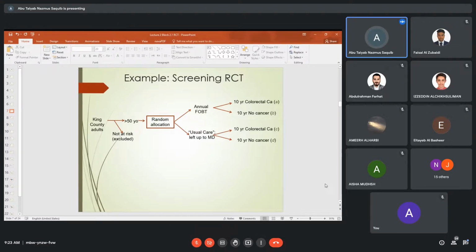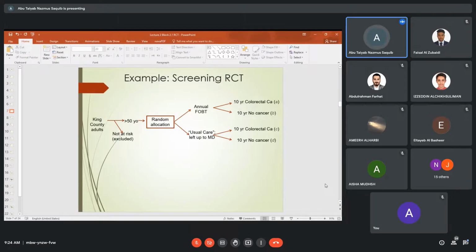So what you do in your clinical practice, or if you are, say, an Al Qasim public health official, you randomly group these 50-year-olds into two groups.